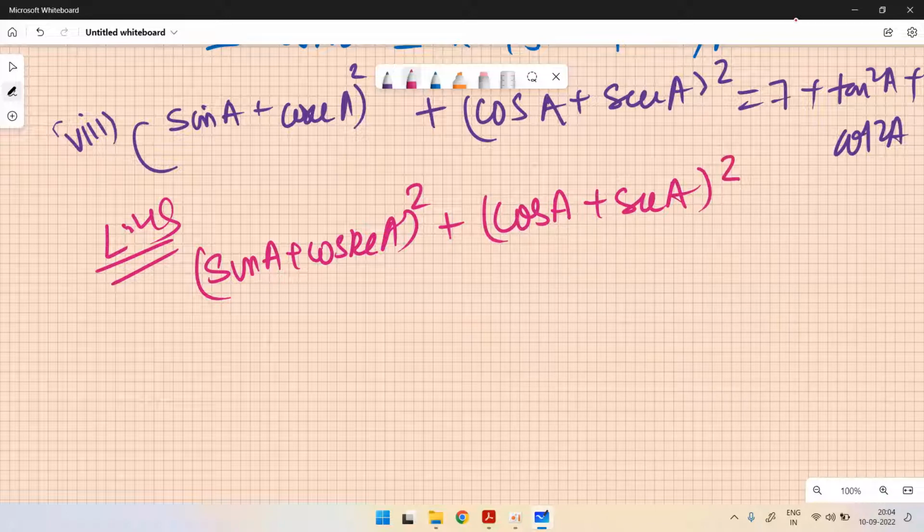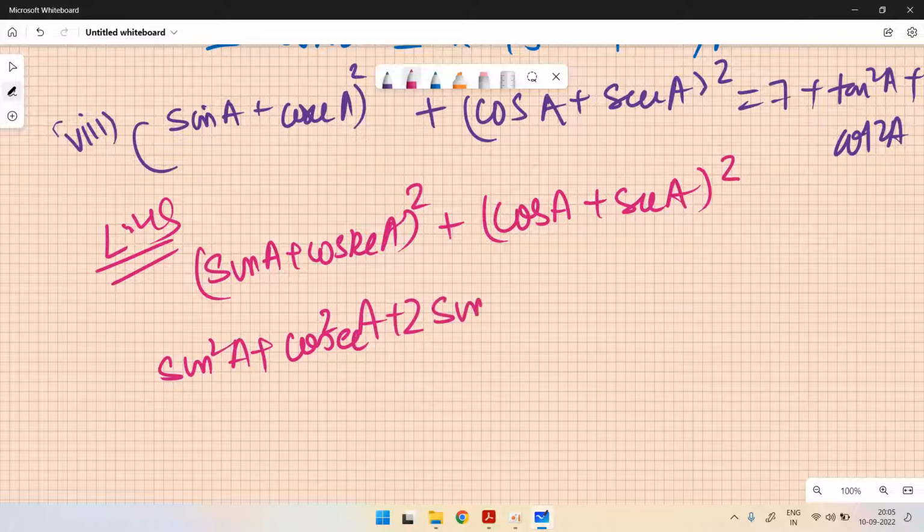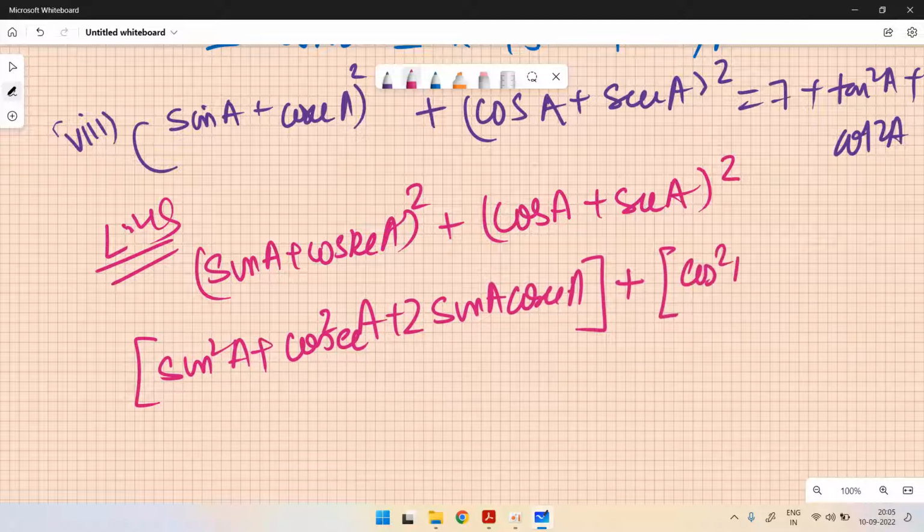So if you expand a plus b square, this is nothing but sine square A plus cosecant square A plus 2 sine A into cosecant A. This is my first expansion of my bracket. This is cos square A plus secant square A, and this is plus 2 cos A secant A.